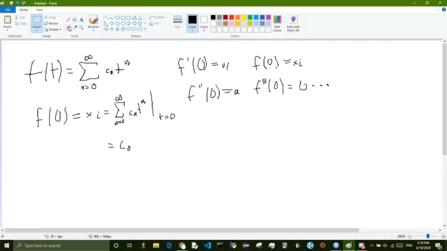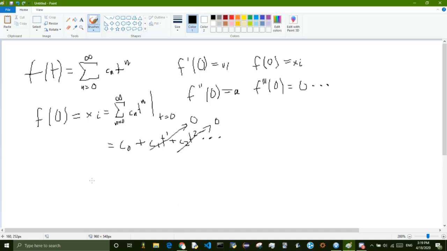And then the rest is t dependence, right? So it's C0 times t to the 0, or 1, C1 times t to the 1, C2 times t squared, or t to the 2, and so on forever. But all the rest of these terms have t dependence, so they'll immediately go to 0 when you plug in t equals 0. And then you get that f of 0 equals xi equals C0.